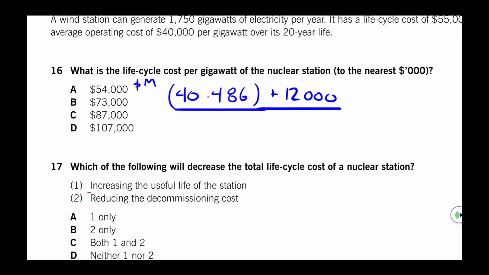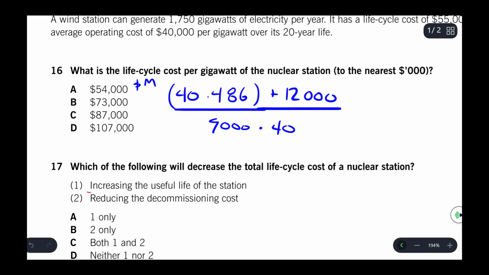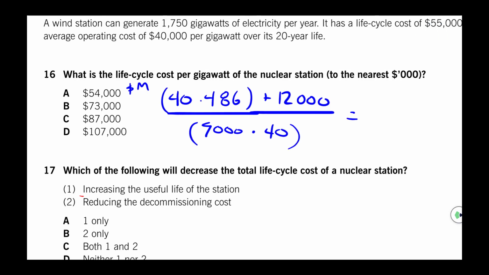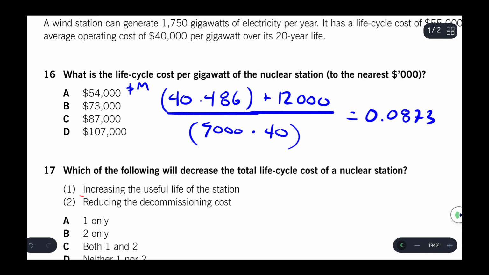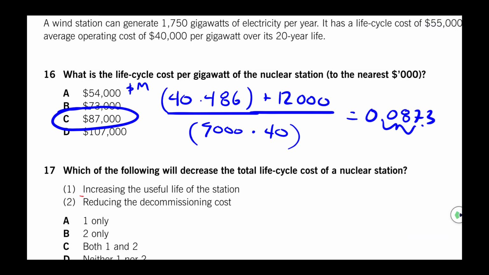All of that divided by the gigawatts. And we've got 9,000 per year multiplied by 40. So that equals 0.0873 million, or we put that into thousands, 87.333 thousand. Answer, guys, to the nearest thousand is C. Not so bad, actually.